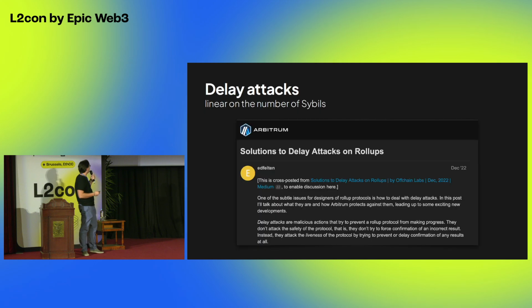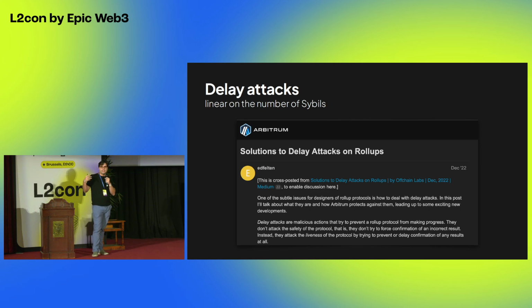So here's an example. This is a post by Ed Felten from 2020, I think, where he shows that the then-current protocol that Arbitrum was using for fraud proofs had a way to launch a Sybil attack that could delay finality for a very long time. And it was essentially linear.